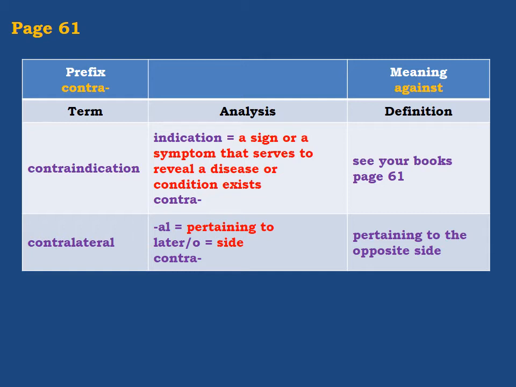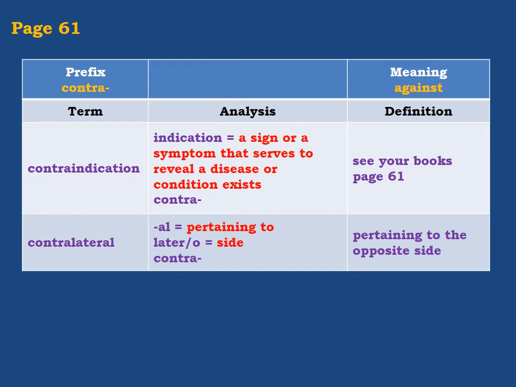So there are some procedures you cannot do to that patient. That's why we say contra. These things prevent us from doing any of these procedures to the patient. Why? Because it may harm the patient.